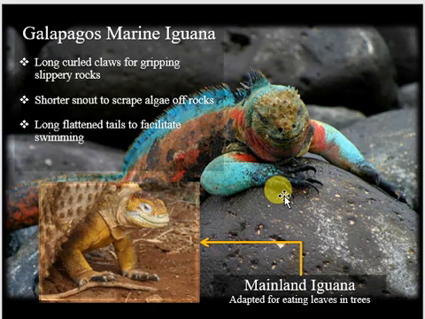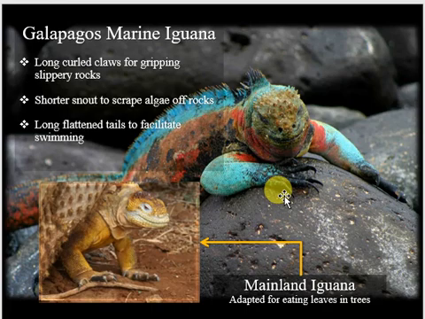Galapagos marine iguanas are the only aquatic lizards in the world, and they have specialized adaptations that allow them to occupy aquatic habitats, to swim and dive for food.